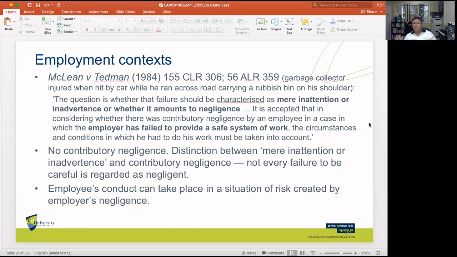Because in that case, the greater reason why the plaintiff employee suffered harm would have been the failure on the part of the employer to provide a safe system of work.